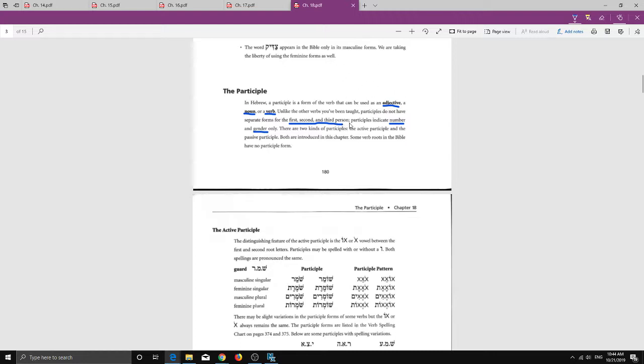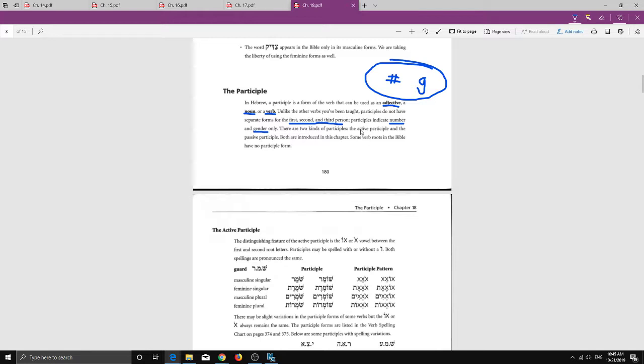So if the noun is definite, then this participle adjective will also be definite, and if not, it won't. Okay. So remember number and gender. That is all that a participle really has.